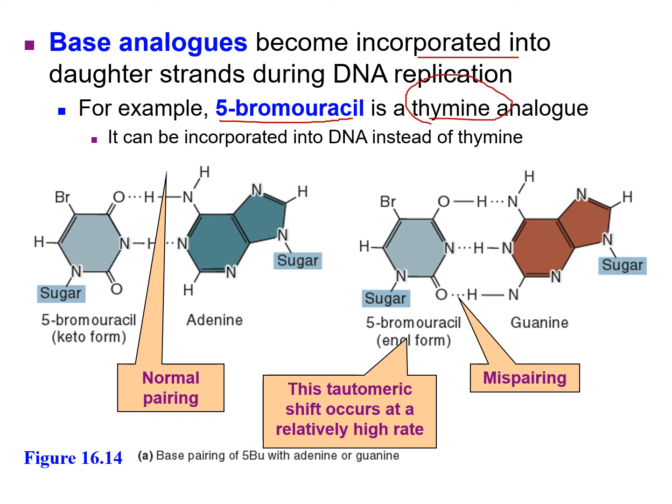Normally thymine will pair with adenine, but instead this base analog 5-bromouracil will pair with adenine. Therefore, the bases are different in the DNA strands. Also, a tautomeric shift occurs at a relatively high rate, whereby 5-bromouracil can also pair with guanine.